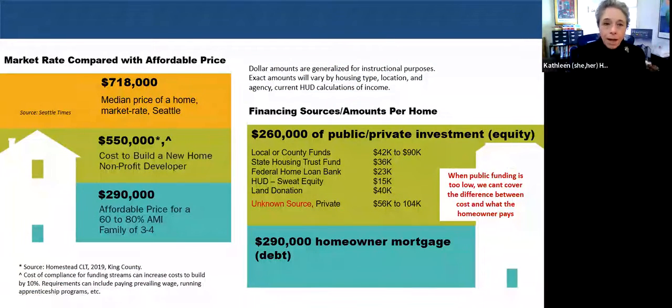As we start to talk about developing homes on your land, even when we have lower cost land, we still have to go out and fundraise. We're not like for-profit housing developers that are going to make a bunch of money on top of the homes we sell.